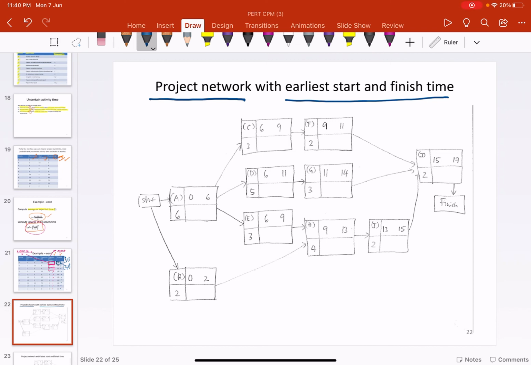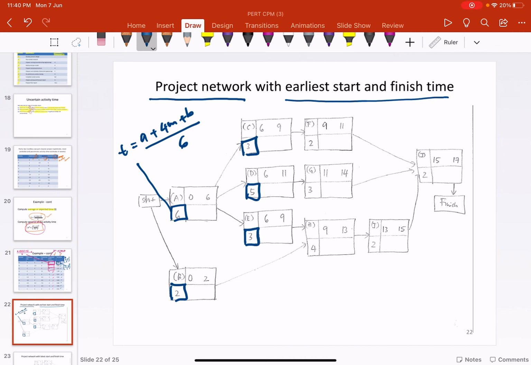But the thing that you need to take note of here is that the durations are the expected time that we have calculated previously using T is equal to A plus 4M plus B divided by 6.